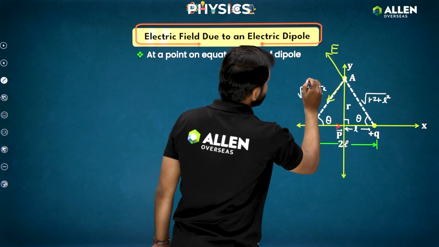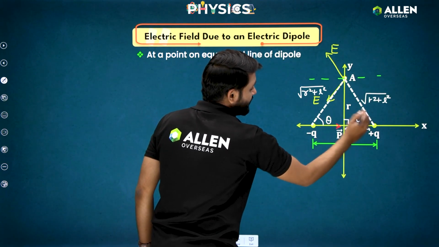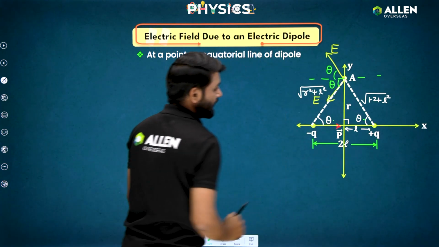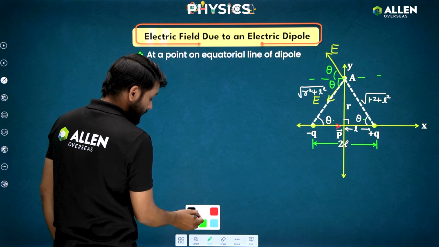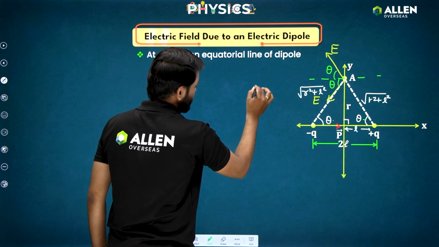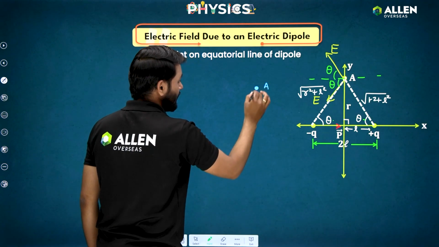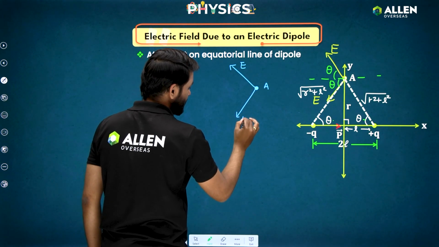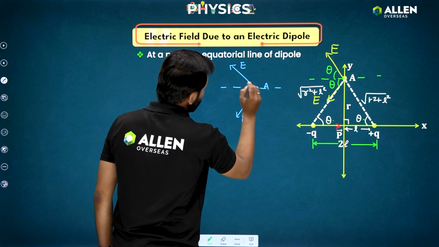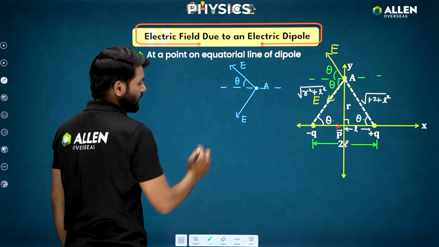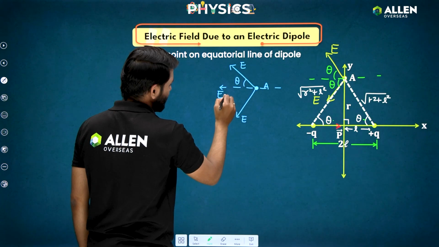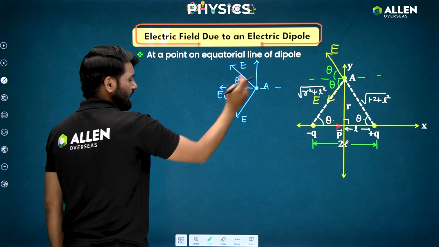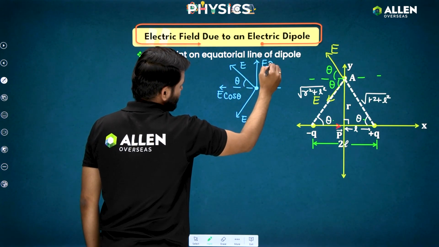Now see here. If this angle is theta, then this angle is also theta, right students? I am representing everything here for better understanding. See, this is point A, and the electric field due to the plus charge is this, and the electric field due to the minus charge is this, and this angle is theta. If you take the component of this electric field in this direction, the component is E cos theta along this, and the perpendicular component is E sin theta.